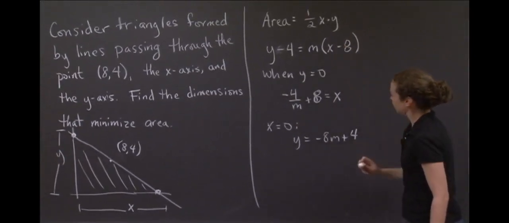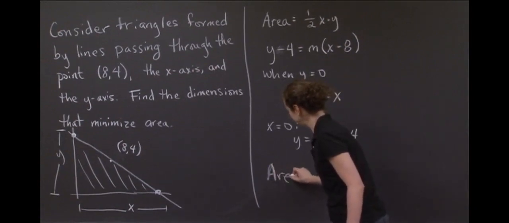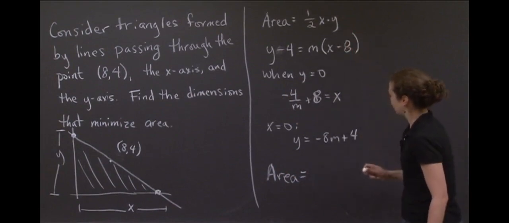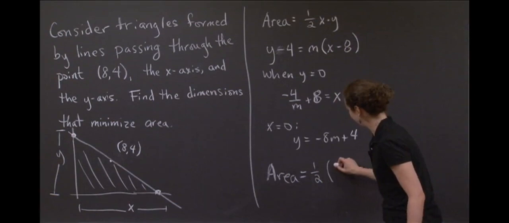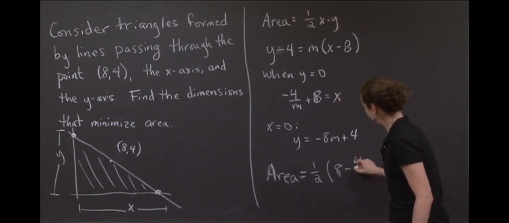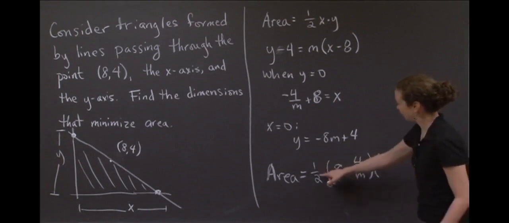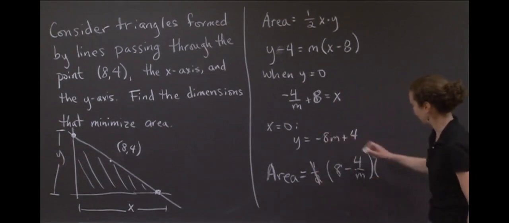So now what I'm going to do is plug these two things into the area equation. Area is now equal to 1/2 of x times y. So 1/2 of 8 minus 4 over m times, you know what I'm going to do? I'm going to take this 1/2 and kill off terms in there so I don't have to worry about it anymore.